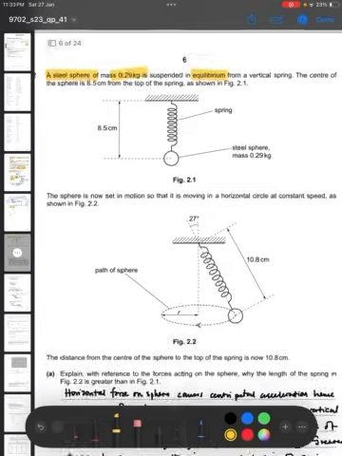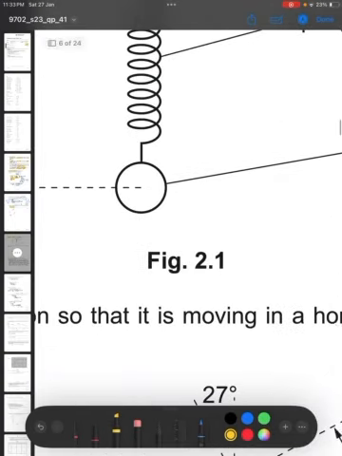So if it is in equilibrium, where does weight go? We know that weight always acts vertically downwards, like that. So if it has a weight going vertically downwards, for it to be in equilibrium, someone must be balancing that weight, such that there must be a force in the opposite direction balancing this weight so that the resultant force in the vertical direction is 0. That way it can be in equilibrium.